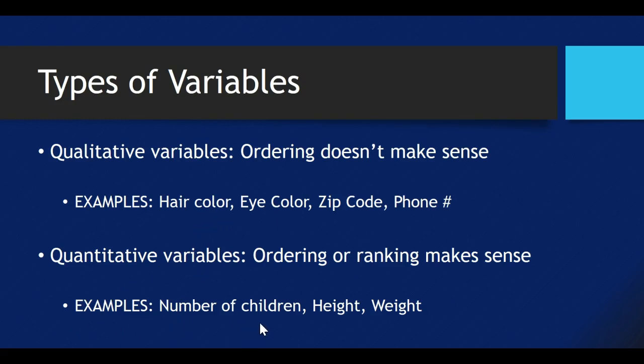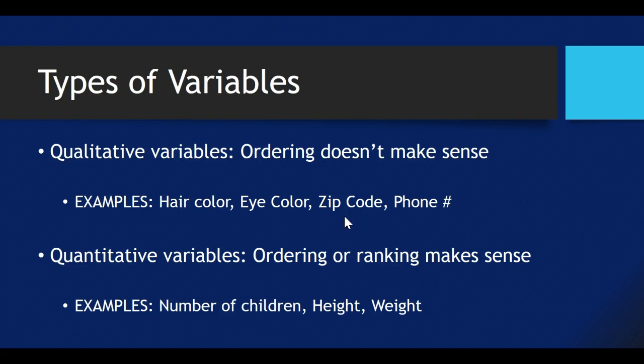And things like number of children or height or weight would be quantitative variables because those are all given numerical values. With something like number of children, ordering makes sense. So for instance, I can say I have 2 more children than my brother has. We can order it from least to greatest, things like that.